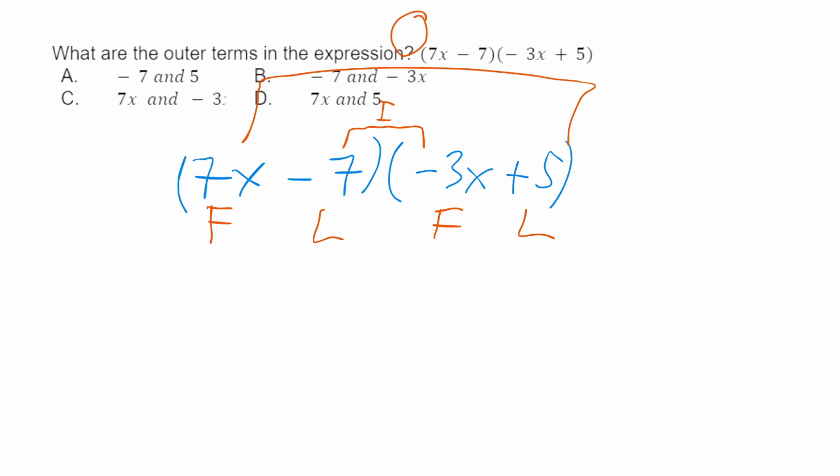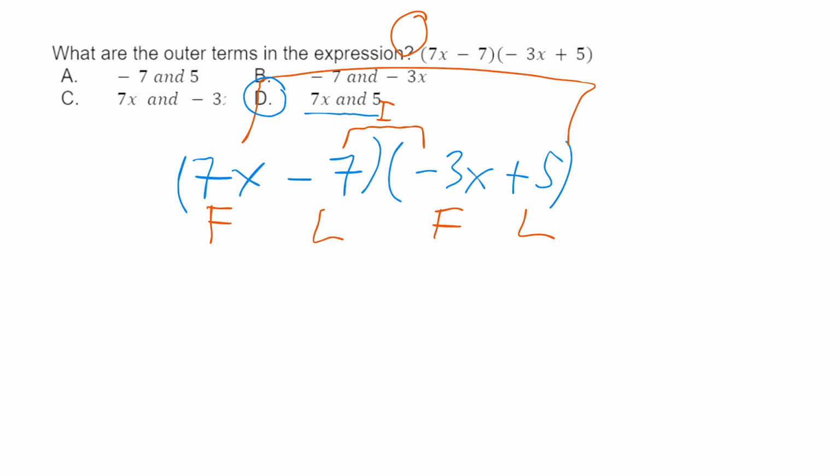Again, so the answer for the outer term, we have negative 7x, we have 7x and then positive 5. The answer here should be what? Simply letter D, 7x and 5. Okay? There. Anyway, it's not solving, so I hope that one is clear with you already.